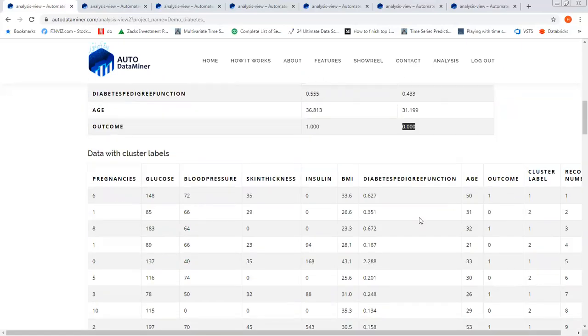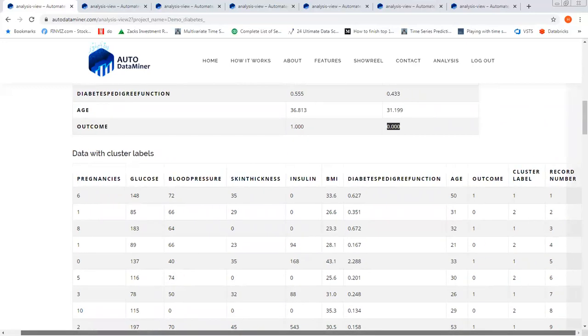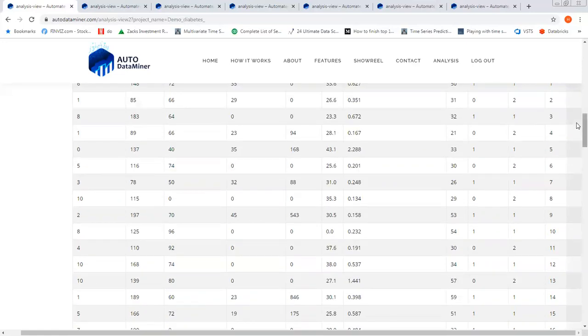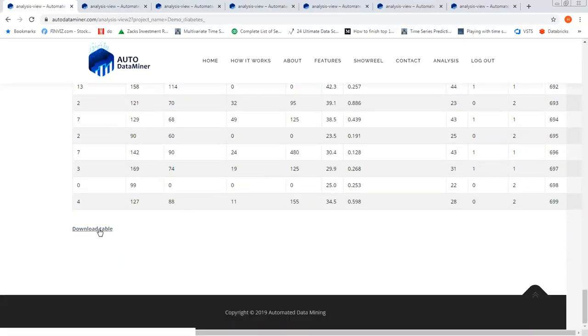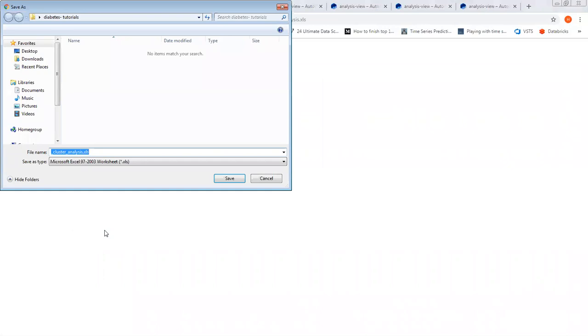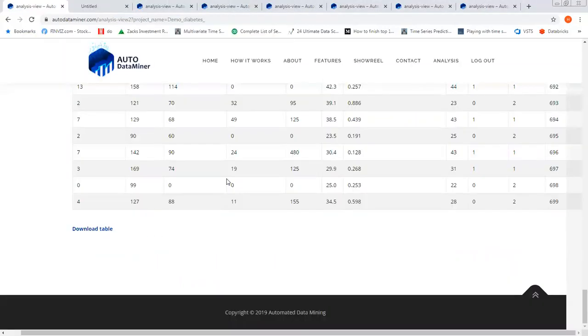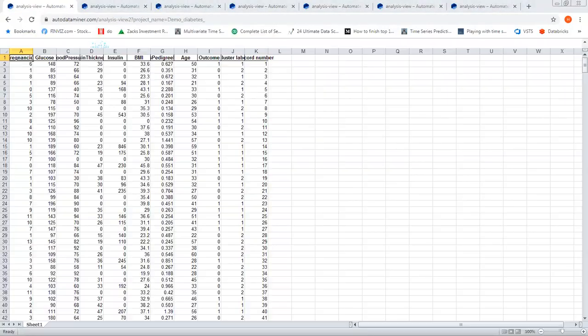And then here is actually the same records we had in the Excel table, and just another column is added called cluster label, which is cluster number 1 or 2, and then here is the record number. At the end of this table, you can download the whole table, and if you're, for example, a data analyst or a data scientist, you can do more analysis.